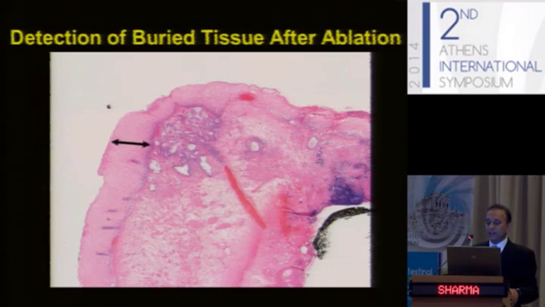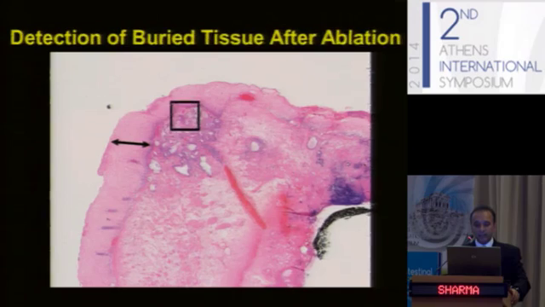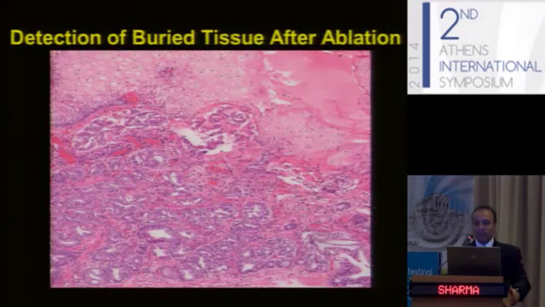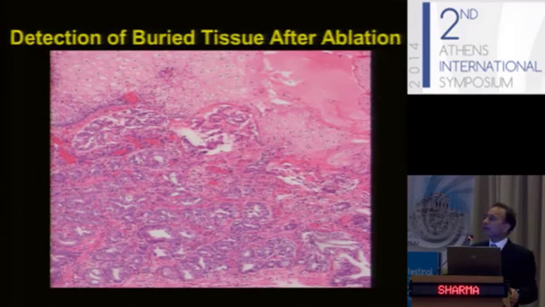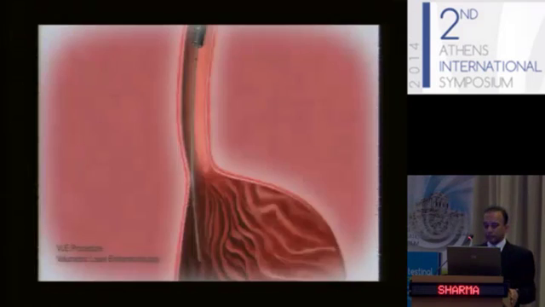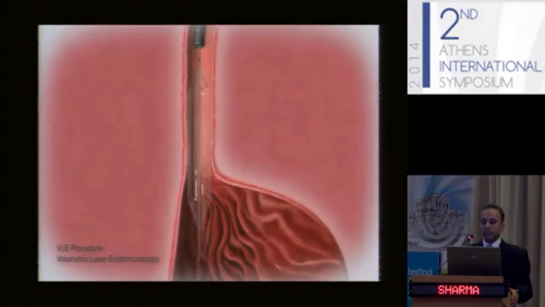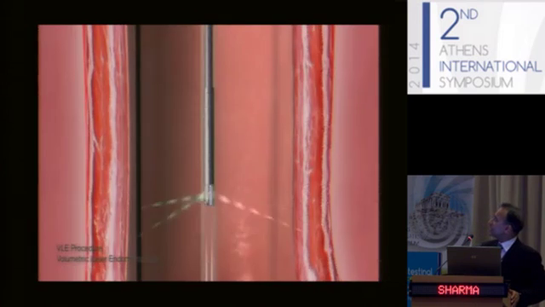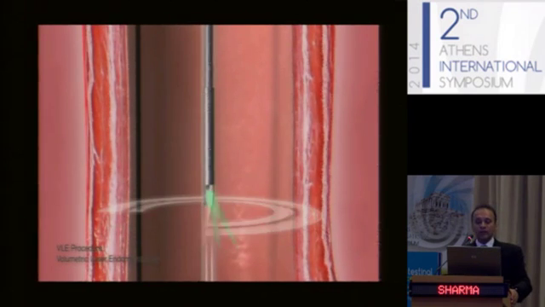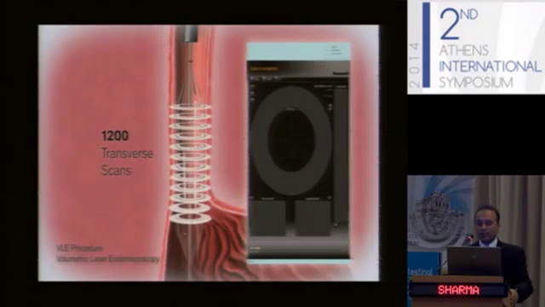Here's an example of an EMR specimen from a patient who had undergone successful ablation in a trial, and what we find is adenocarcinoma here below the squamous tissue. This will obviously not be visible on standard white light endoscopy or surface imaging because it's below the surface tissue. So one technique which is currently being studied is volumetric laser endomicroscopy, or VLE.